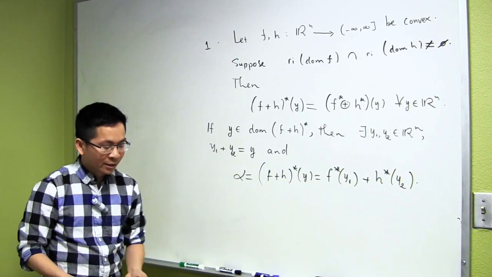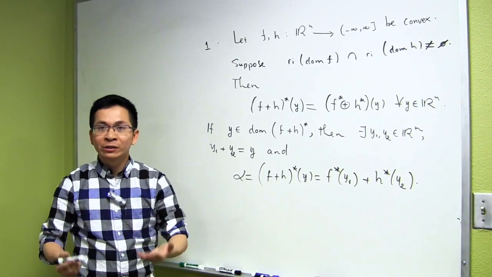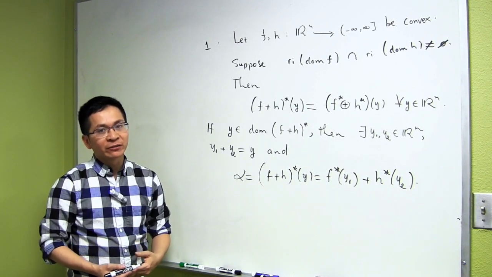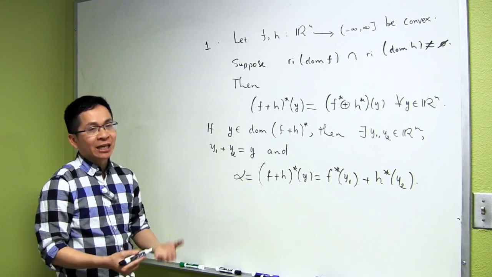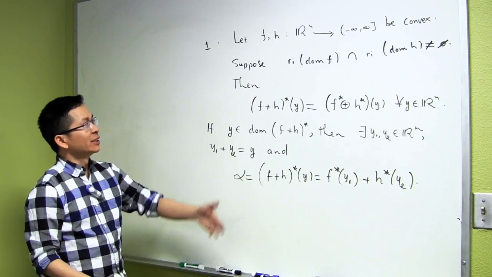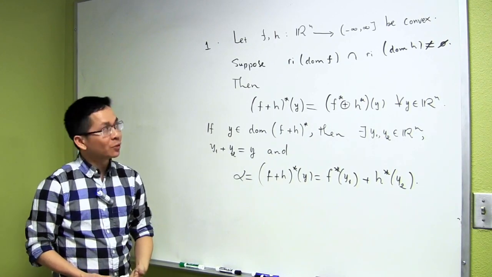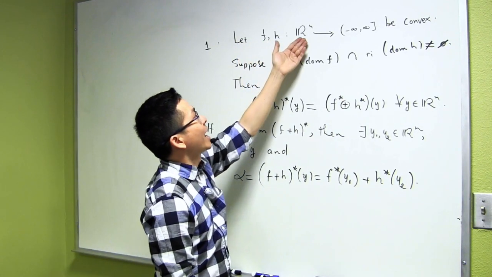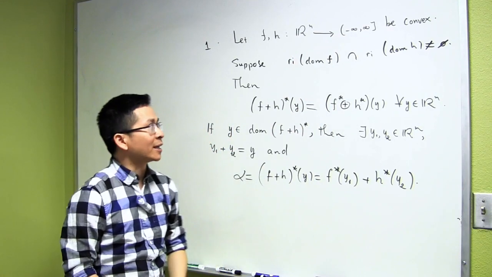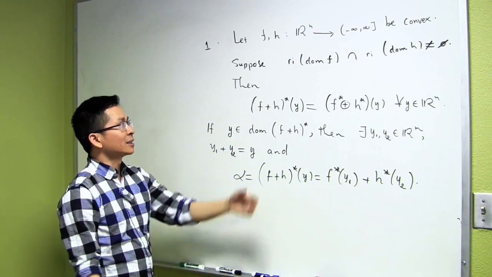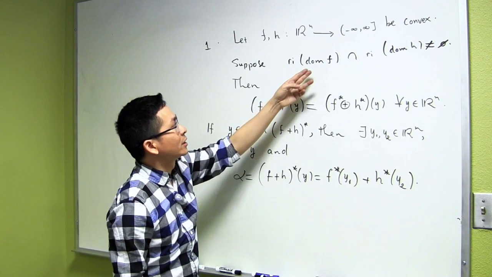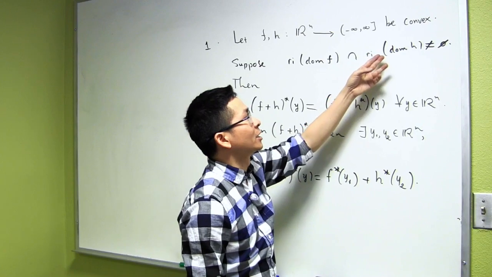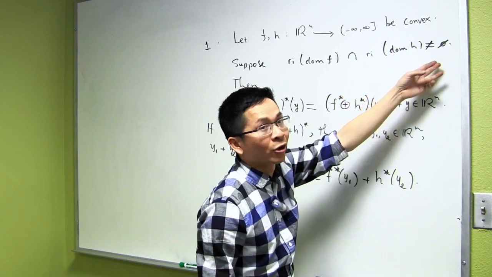Before getting to the Fenchel strong duality theorem, I'm going to recall two important results from my lecture on Fenchel conjugate calculus. This is the Fenchel conjugate sum rule. Here we consider two convex functions from Rn to the extended real line under the condition that the relative interior of the domain of the function f intersection the relative interior of the domain of h is non-empty.